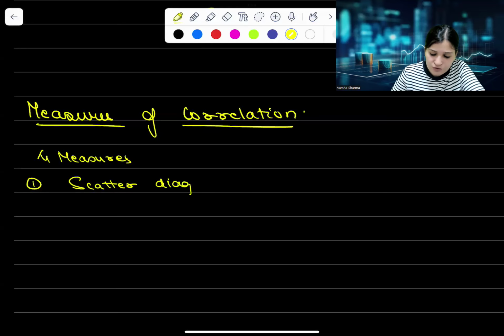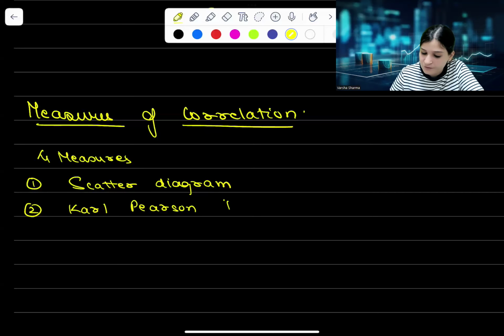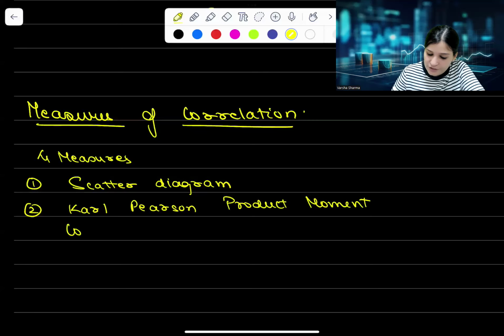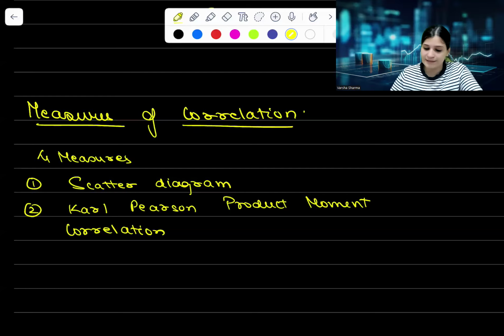It's just theory, no sums. Second, Karl Pearson product moment correlation coefficient. In each case, you are only going to find the value of R. The symbol remains the same. Only the formula keeps on changing.